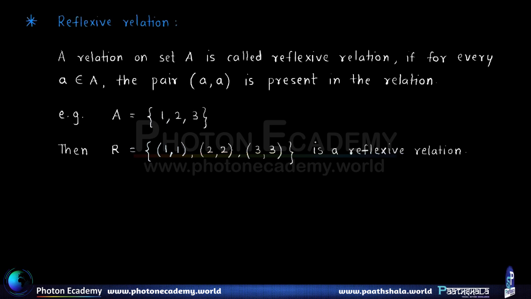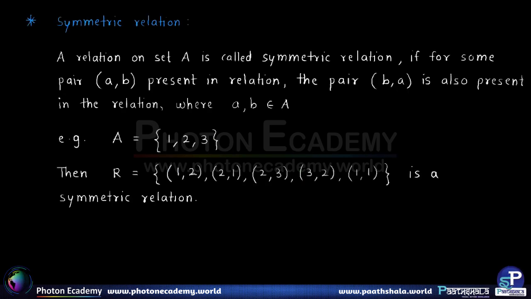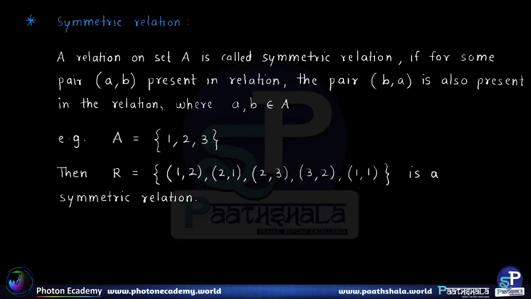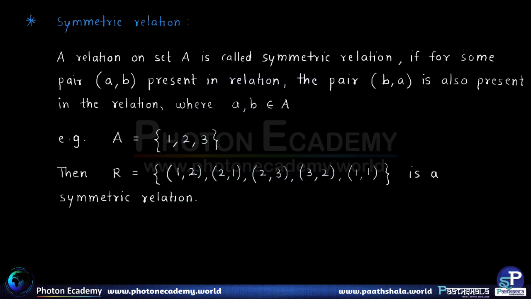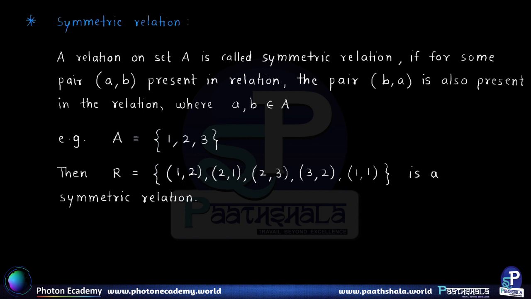Right? Now let us go ahead to the next type, called symmetric relation. A relation on set A is called symmetric if for some pair (a, b) present in the relation, the pair (b, a) is also present in that relation, where a and b are elements belonging to set A. Here if we consider the same example, A consisting of 1, 2 and 3, what the definition tells in simple words is that if a particular pair is present in the relation, then its reversed pair should also be present.